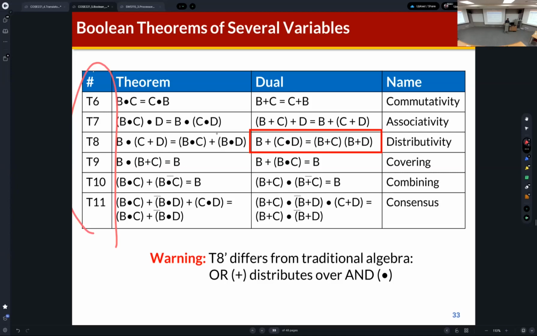Then some theorems are defined, and we can define the dual of a certain theorem. Okay, let's see the first theorem. B and C equal C and B. It's called commutativity. Well, in Korean, it's 교환법칙, right?